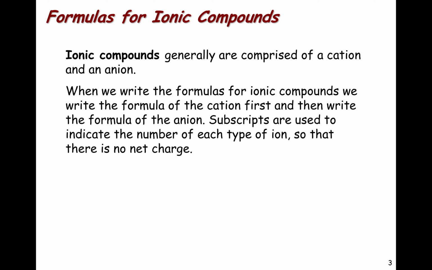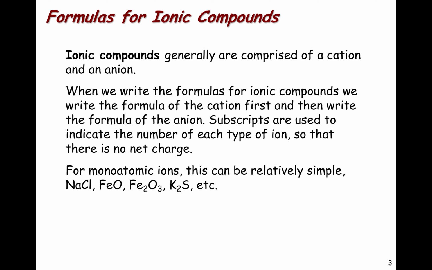When we write these formulas, we typically will group together the cations and write them first, using subscripts to indicate how many of the cations there are in the formula. And then finally, we will also indicate how many anions are present with a subscript as well.